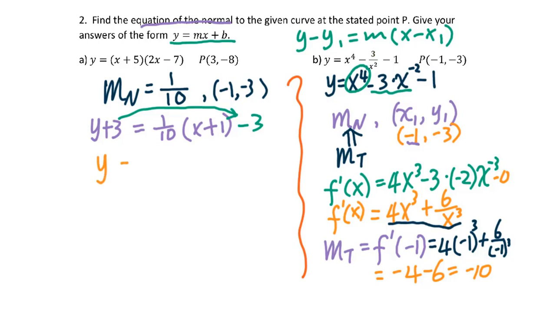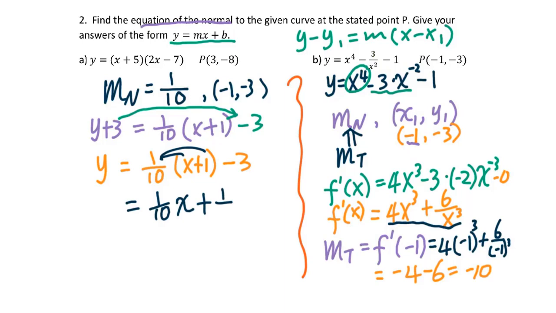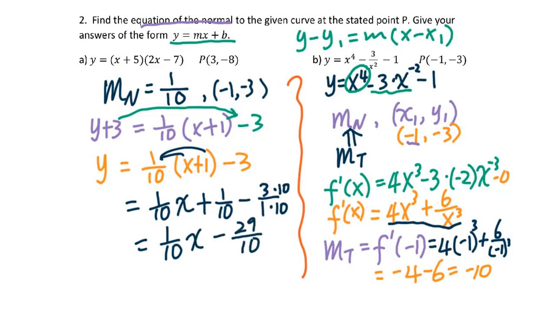Then you will get y equals 1 over 10 times x plus 1, minus 3. So do the distributive property this time: 1 over 10x plus 1 over 10 minus 3 over 1. You multiply by 10, top and bottom, so that you will get 1 over 10x minus 29 over 10.